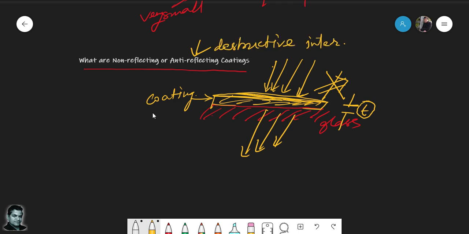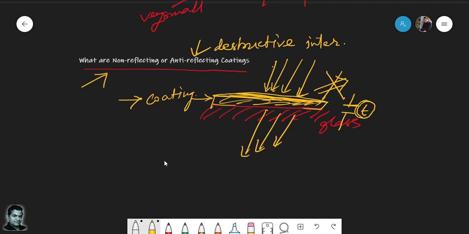So these are the coatings applied over a surface with a particular thickness that results in no light getting reflected from the surface, and they undergo destructive interference over it. So that's about the non-reflecting and anti-reflecting coatings.